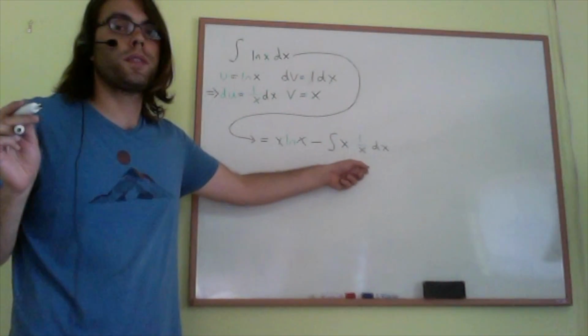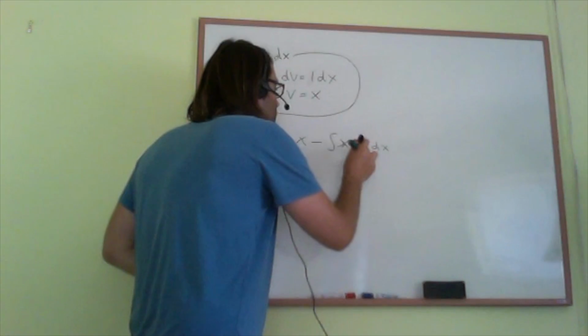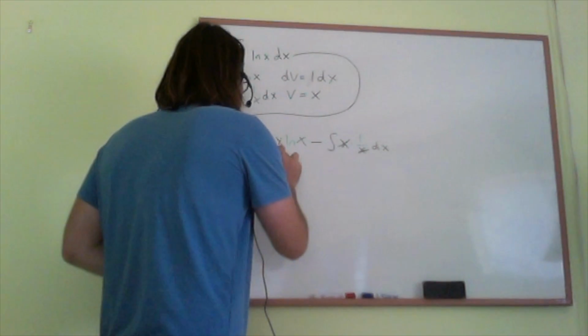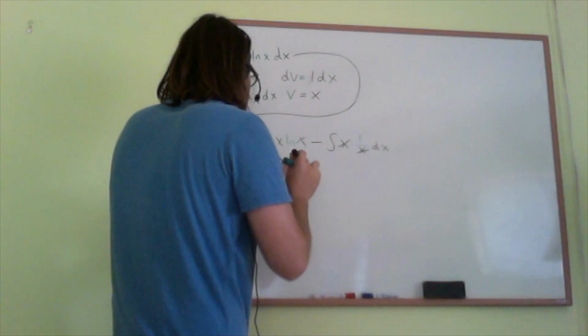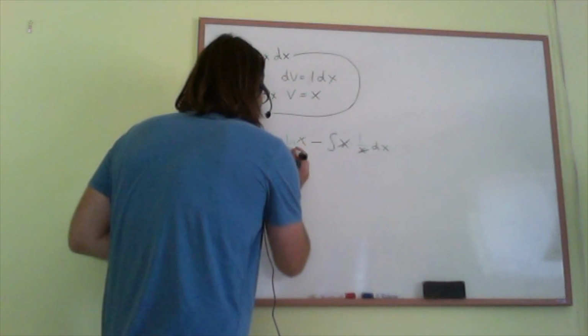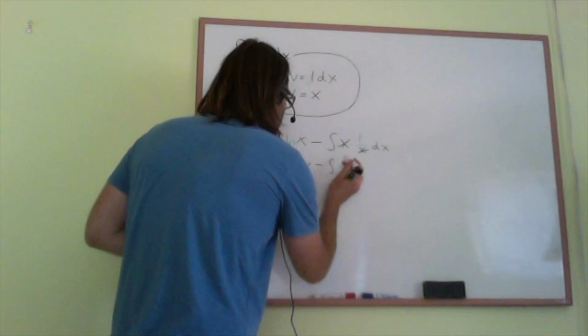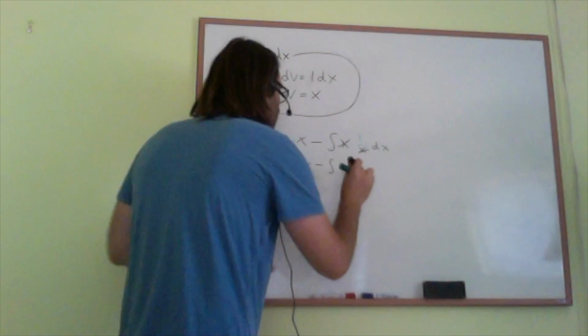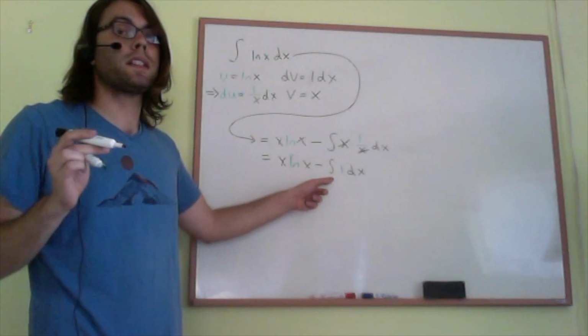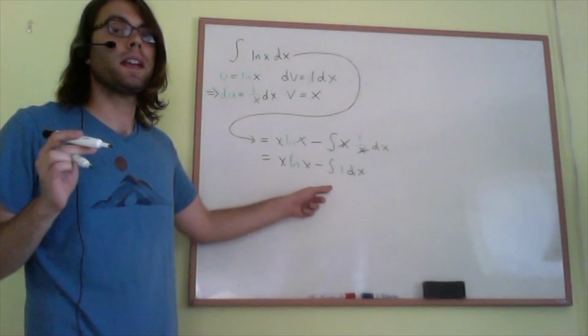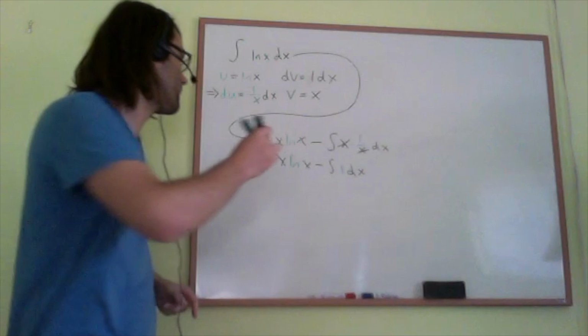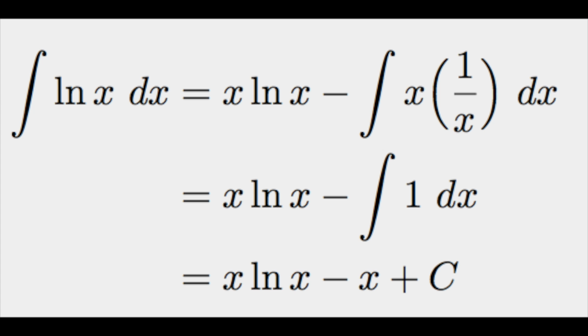Okay, now we're in great shape because these cancel. And of course, the antiderivative of 1 is x. So this becomes x ln x minus x plus c.